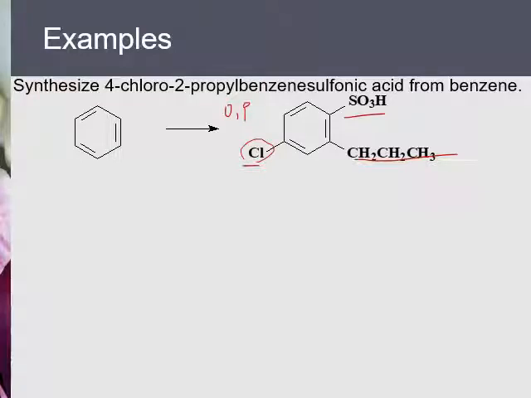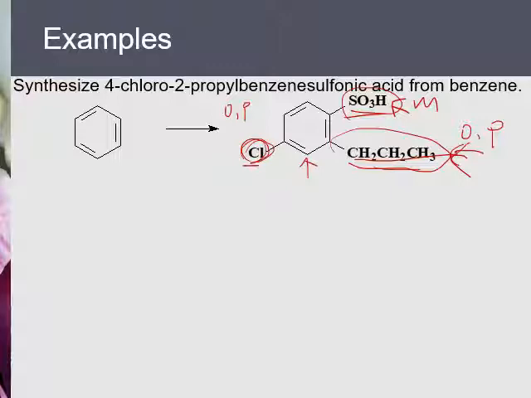So if we add the chlorine first, then the propyl will go to this position, and this doesn't work. Propyl is also ortho-para. So if we add the propyl first, then chlorine doesn't work. Sulfonic acid is a meta director, so you cannot add chlorine to the para position. In addition, this is a very strong electron withdrawing group, and Friedel-Crafts alkylation will fail.